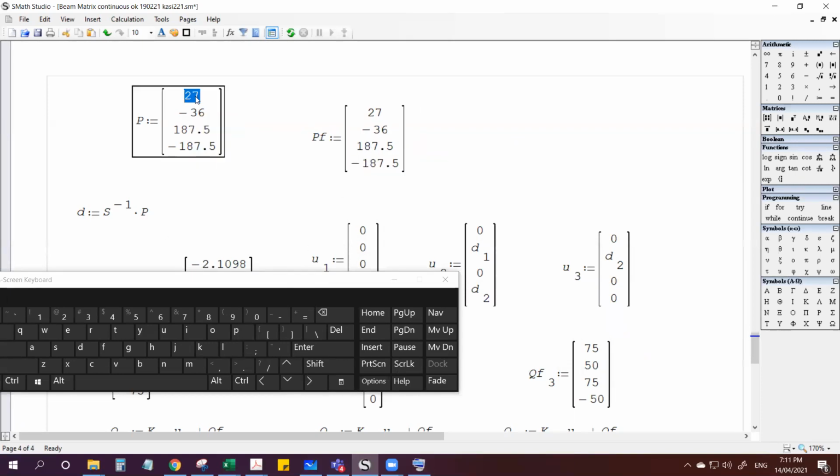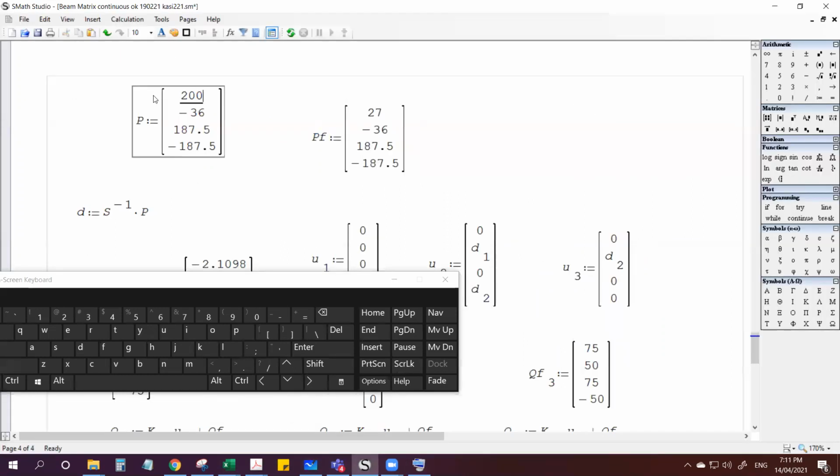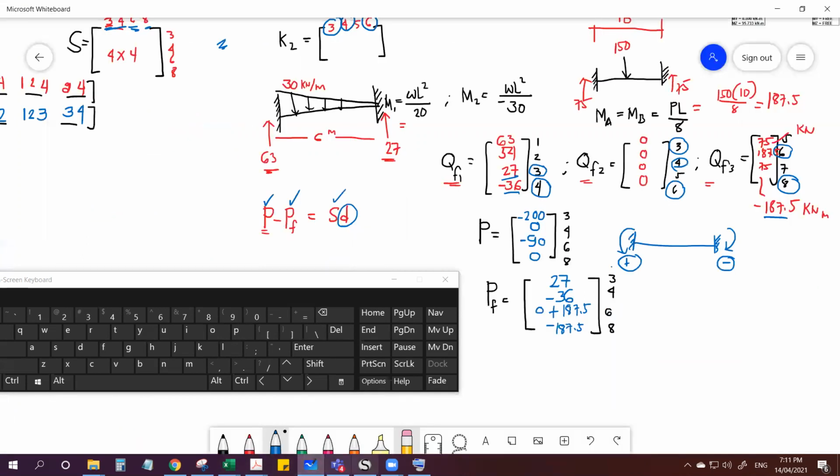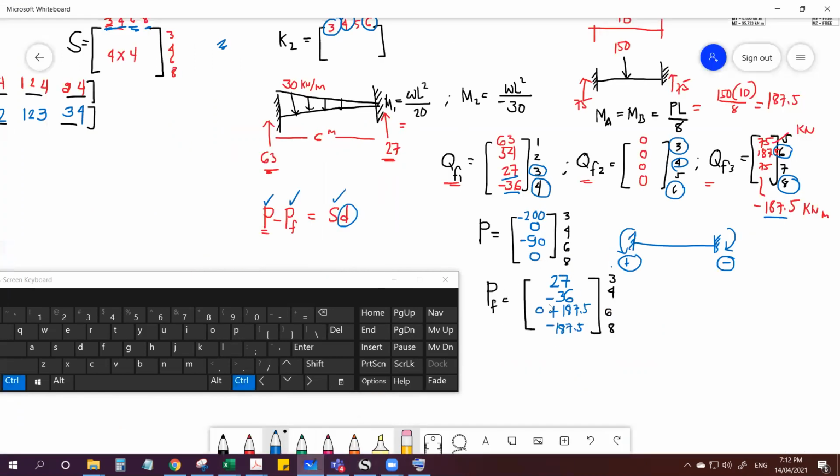The P vector should be negative 200, then negative 90, then 0. PF is already good. And P should be this.